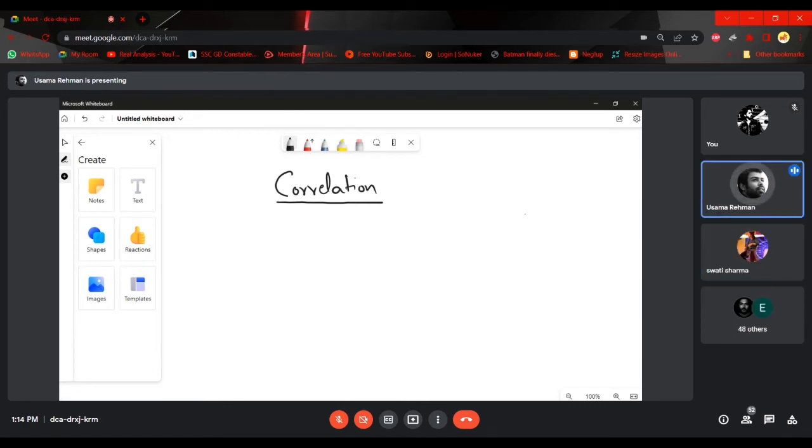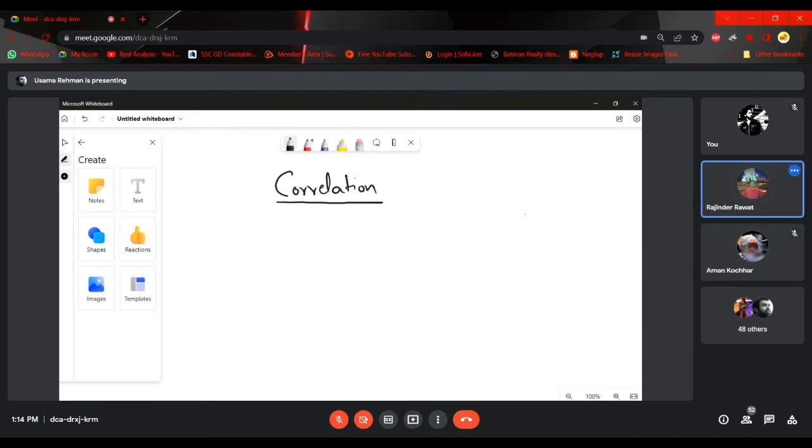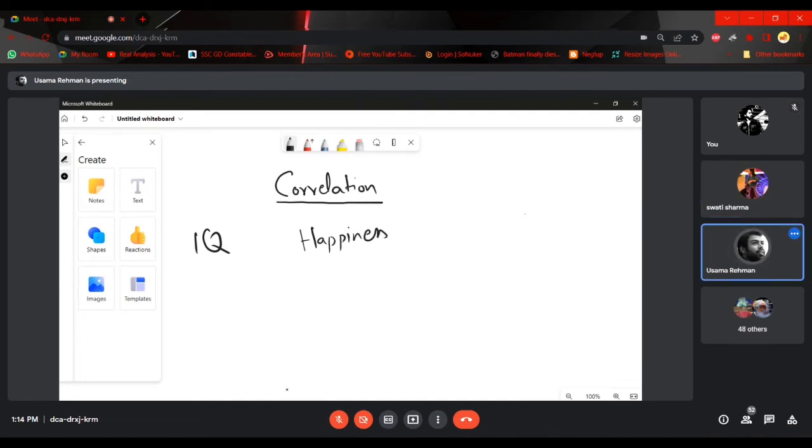What is a variable? Some quantity or factor that can vary. Correct. Let's take the example of your IQ as one variable, and happiness is another variable.